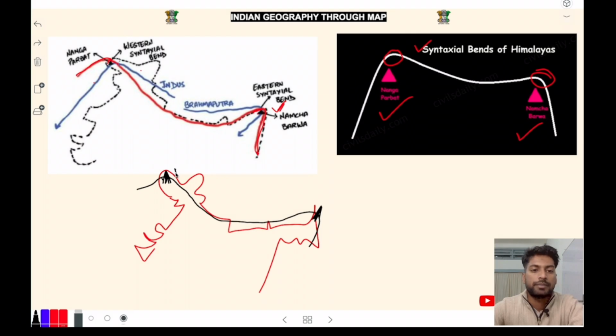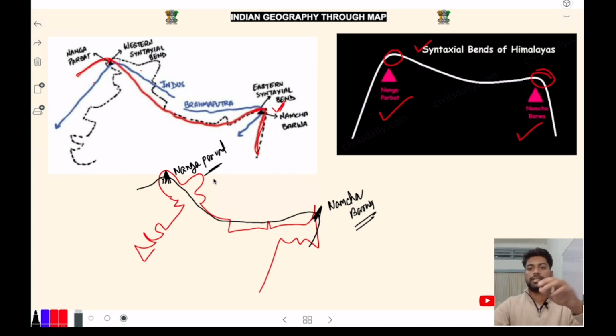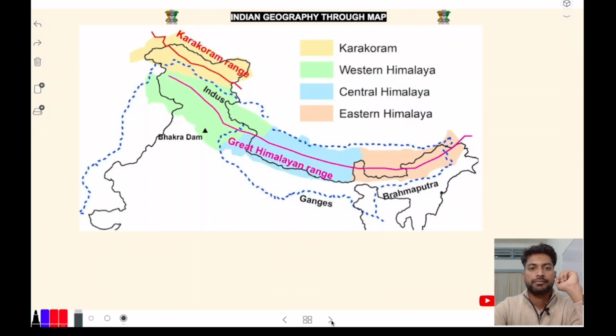This mountain peak is called Nanga Parbat. And this mountain peak is called your Namcha Barwa. The names would be a little hard, okay? Namcha Barwa. Got it? So here Himalaya takes a bend, the syntaxial bend. Next.